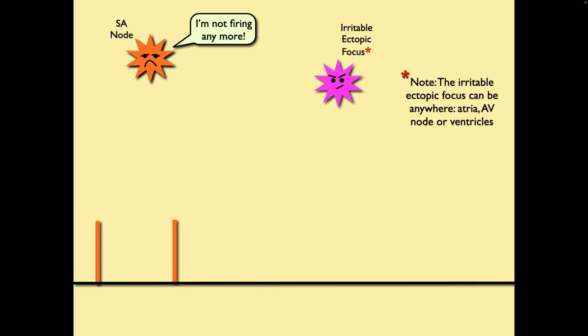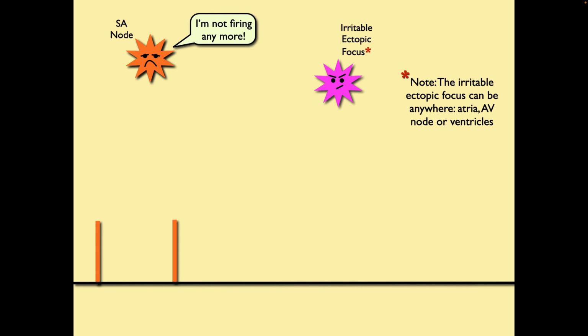Well, the AV node's still there. Yeah, so in other words, the rest of the heart becomes irritable. It becomes irritable because there's this pause and it's saying, wait a minute, I'm waiting for the SA node, but the SA node has gone away, so I guess I have to take over, I have to fire off. The irritable focus can be anywhere.